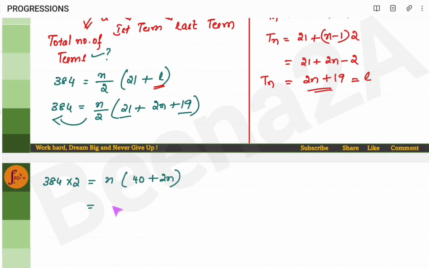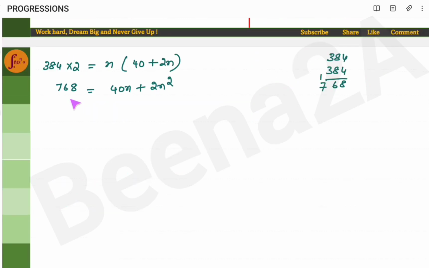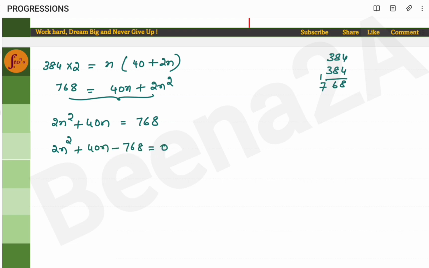So let me expand: 40n plus 2n into n is 2n square. 384 into 2 is 768. Let me get everything to one side. So I'll write it as 2n square plus 40n is equal to 768. I'll bring everything to one side, so I'll get minus 768 is equal to 0.